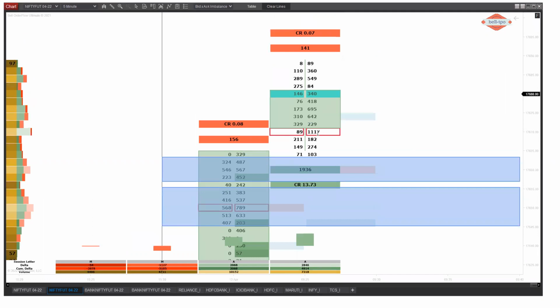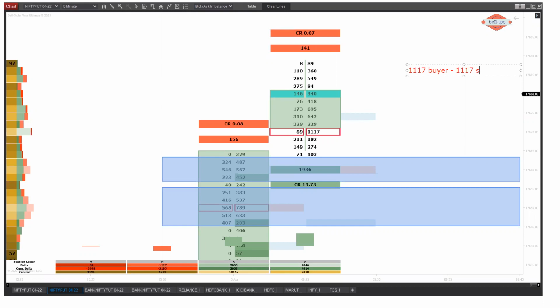If this 1117 is a buyer, the buyer should have bought from somebody else, maybe one single person or multiple people. So on the opposite side, somebody had sold 1117 lots to the buyer.